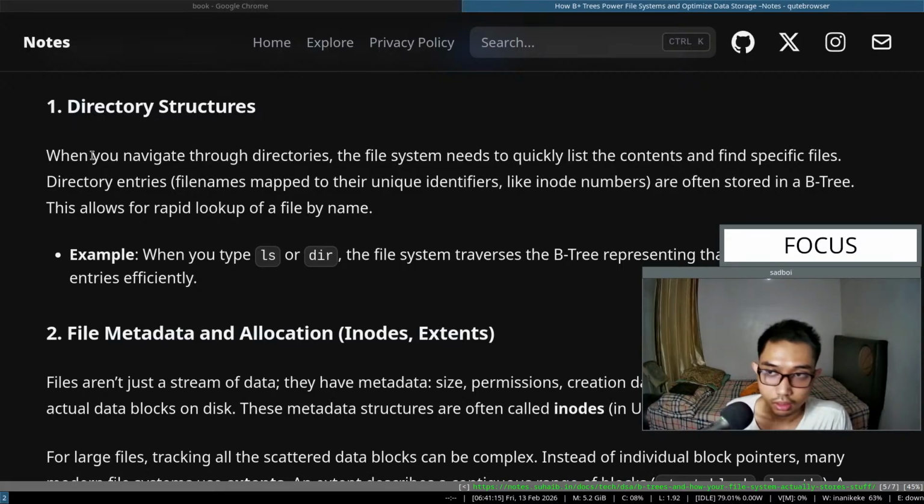Directory structure: when you navigate through directories, the file system needs to quickly list the contents and find specific files. Directory entries, file names mapped to their unique identifier, like an inode number.